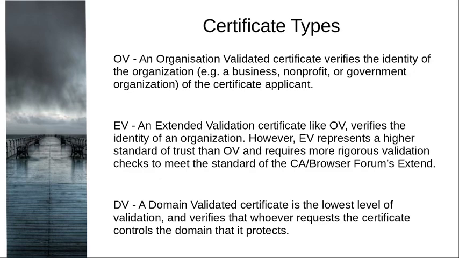An EV certificate is an extended validation certificate, and it's just like the OV, the organization validated, as in it verifies the identity of the organization. However, with an EV, an extended validation certificate, there's more checks that go in place to prove that it's definitely that business organization that's requesting the certificate.